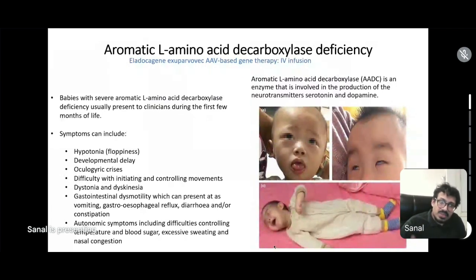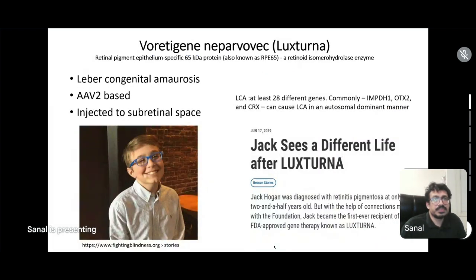So these children also suffer from autonomic dysfunction, because that's again the autonomic system of the nervous system, and difficulty in controlling temperature, blood sugar, excessive sweating, nasal congestion, and all those things. So this disease was also amenable to gene therapy, and an AAV-based gene therapy was designed, and this trial was quite successful.